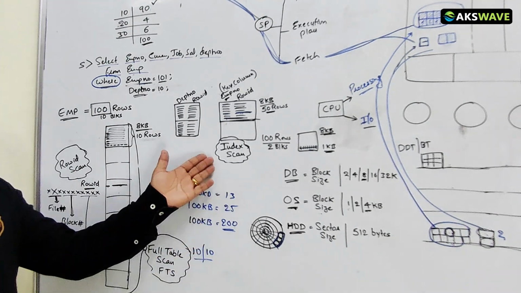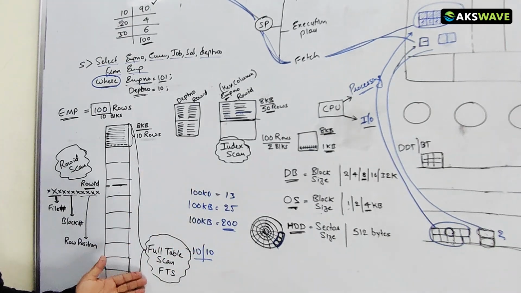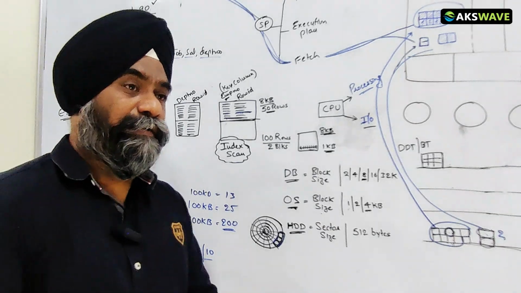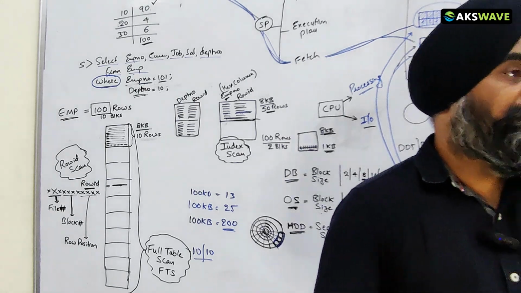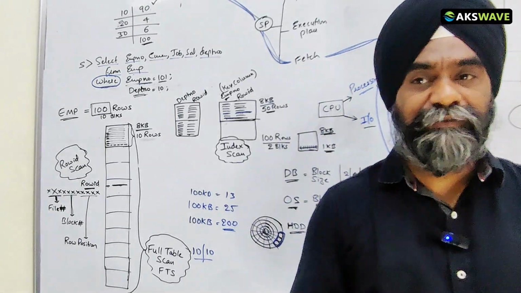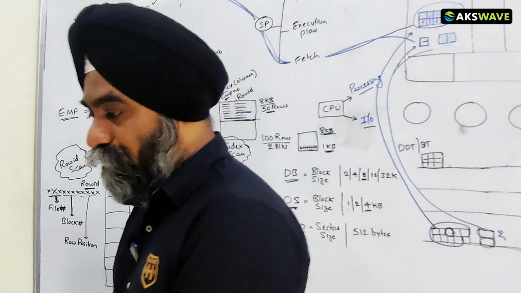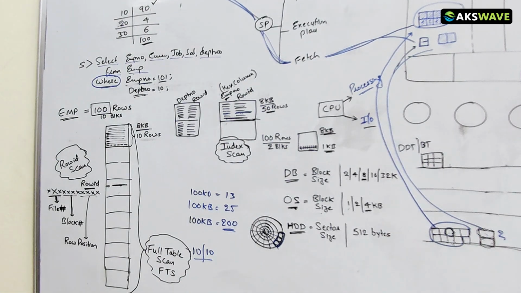Do you want to go with an index scan or do you prefer to go with a full table scan? Full table scan? Yes or no? Please tell me fast. We have a lot more to go today. Full table scan? Yeah.